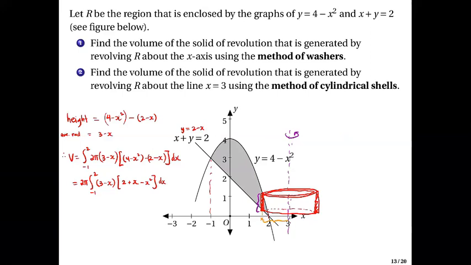And then we multiply this: 3 minus x times 2 plus x minus x squared. So we have 2 pi integral from negative 1 up to 2. For the first one, we will have here 3 times 2. So I'm just gonna distribute this over the addends there.